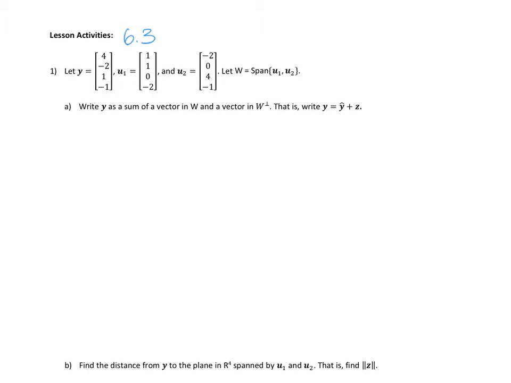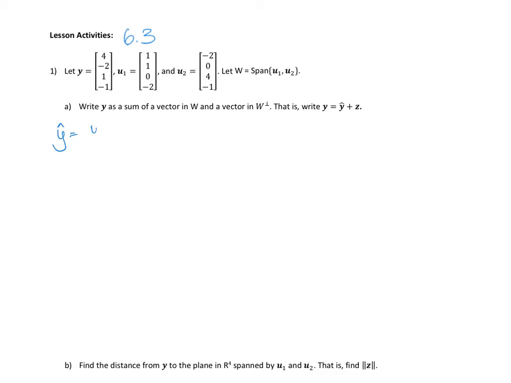Okay, so we have a plane in R4, and I want to find the orthogonal projection of y onto that plane. That is, we want to write y as the sum of a vector in plane W and a vector in W perp, so orthogonal to it. That is, write y as y hat plus z. So we have a formula for y hat.